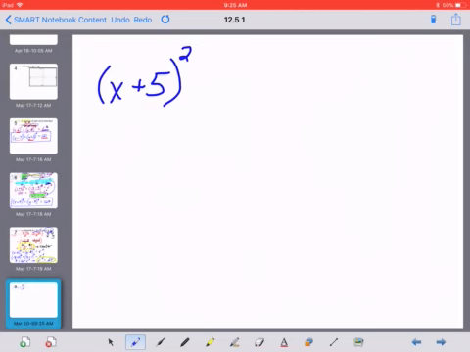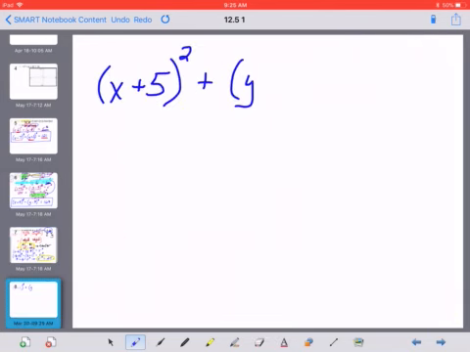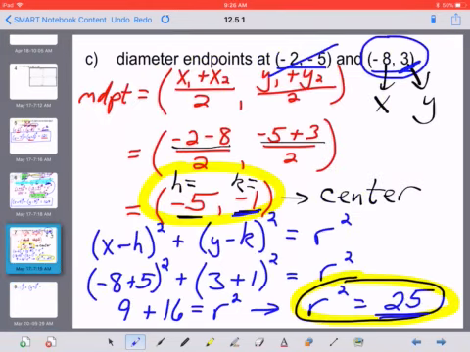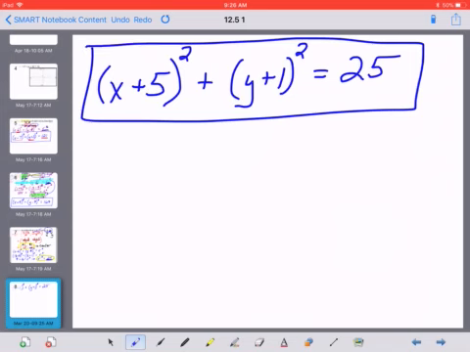So x plus 5 squared plus, and then we're going to go with a y minus our k value. K was negative 1 right here, so the minus negative 1 is now going to become a plus 1, close it and square it, equals, and the value of r squared we came up with on the last slide there was 25. And that is the answer to this last problem here.